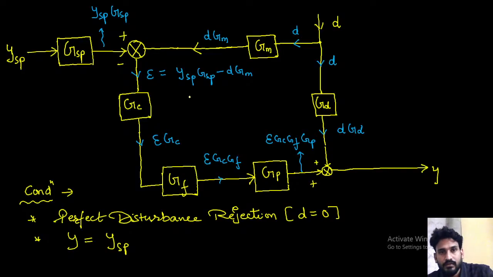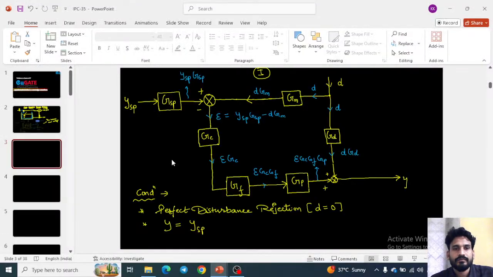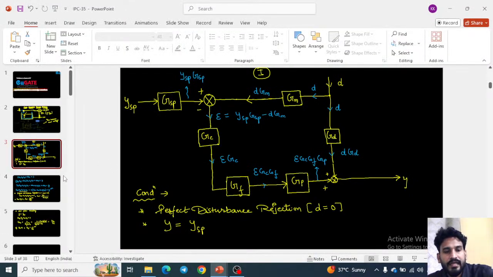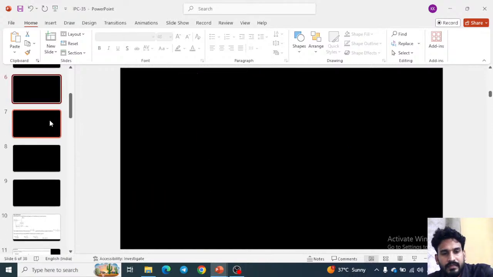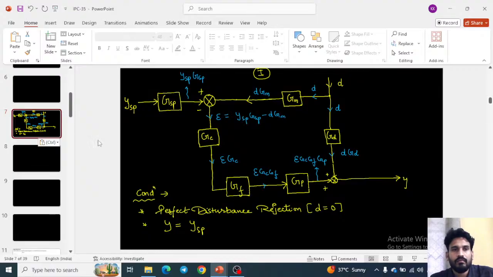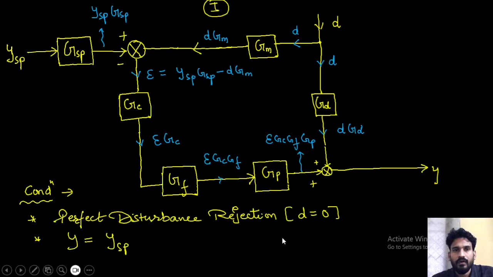Okay, so let's suppose this is my first feed forward, and I'll copy this slide and post it here. Let's suppose this is my second one. Let's suppose it is plus plus.